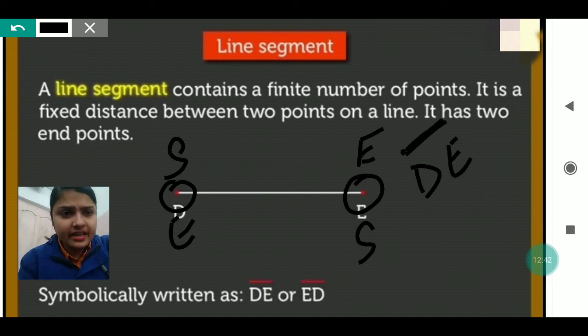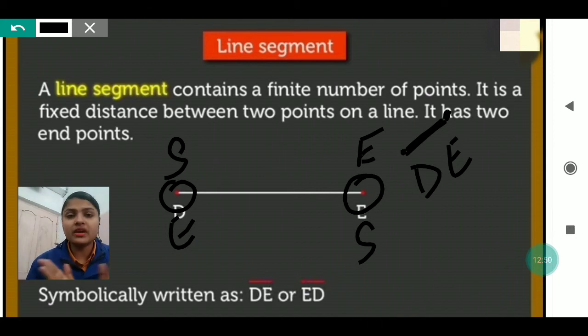This symbol will indicate that it is a line segment and it starts from D and ends at E. It is not infinite, it cannot be extended because it has a fixed length. From the starting to the end point, we know this is the length of this particular line. So that is called a line segment. You can read it as DE or you can read it as ED. Both are correct.